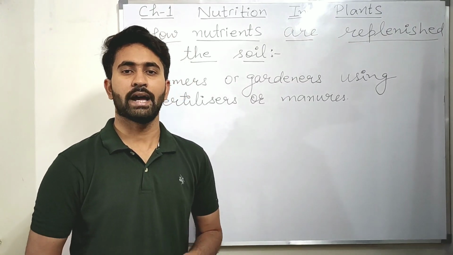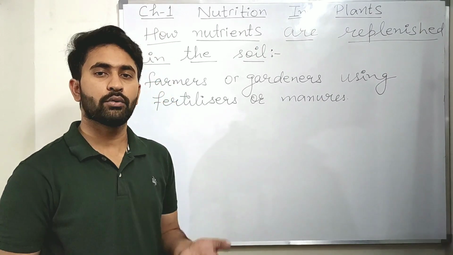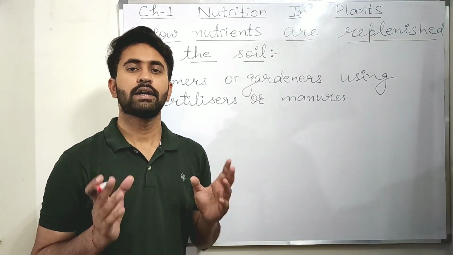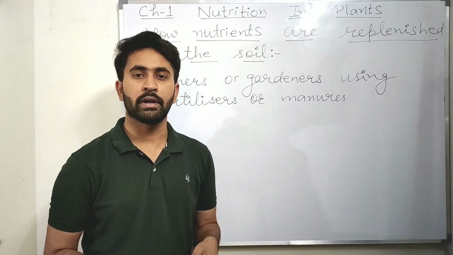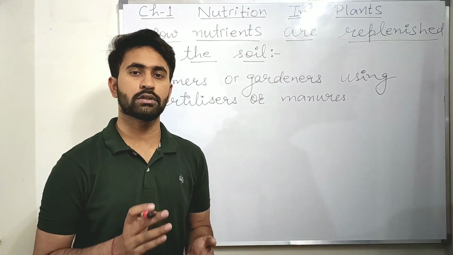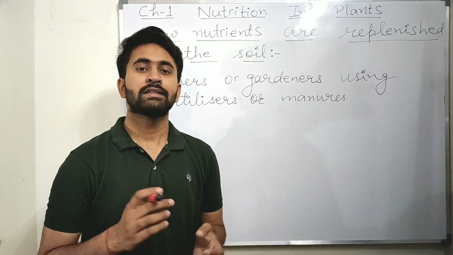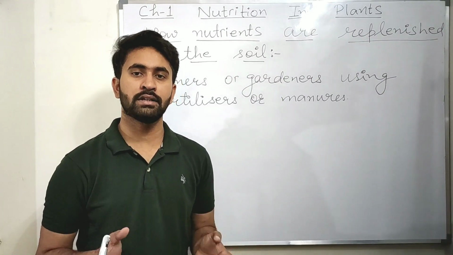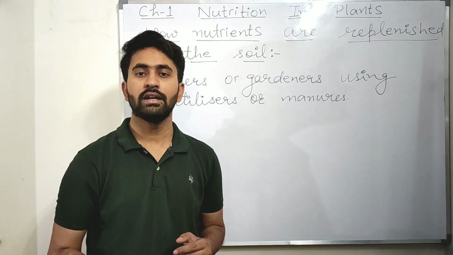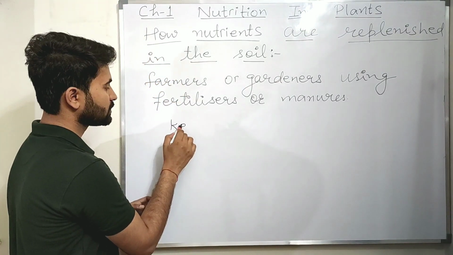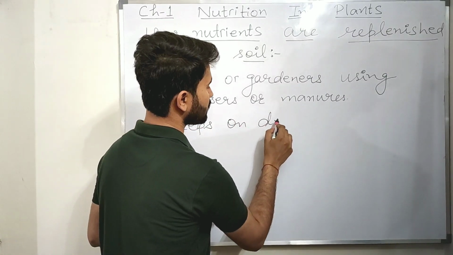As we all know, plants continuously absorb nutrients from the soil for preparing their own food by the process of photosynthesis. As these nutrients are continuously absorbed, the amount of nutrients in the soil keeps on decreasing.